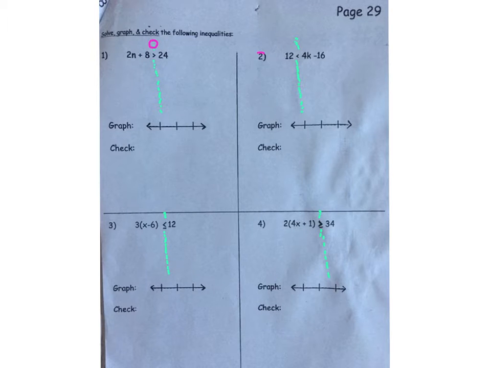If you look at number 2, 12 less than 4 times k minus 16, that will be an open circle. Number 3 will be a solid circle. It's the less than or equal sign. And number 4 will be a solid circle as well.